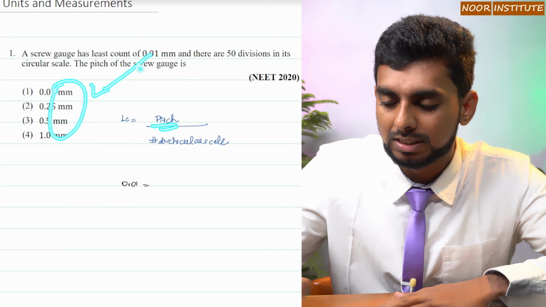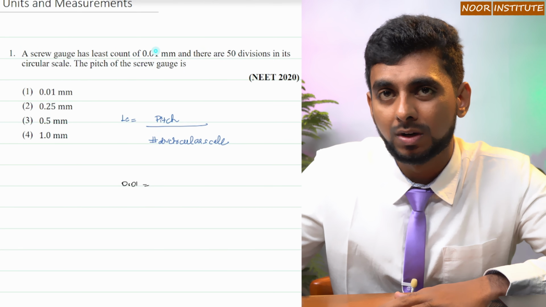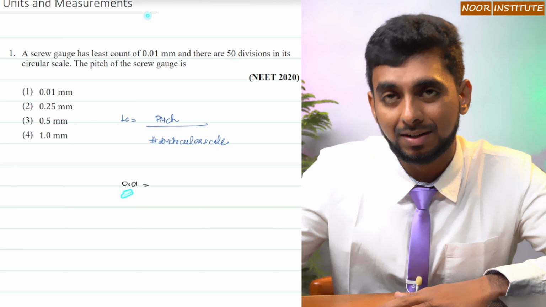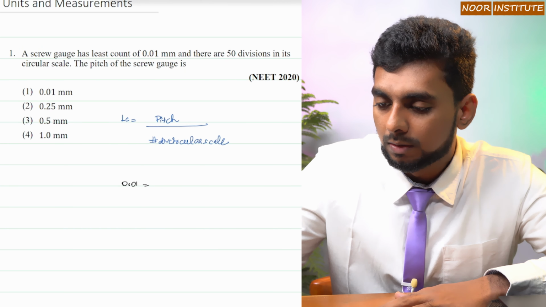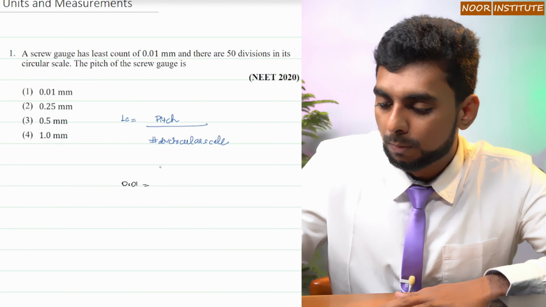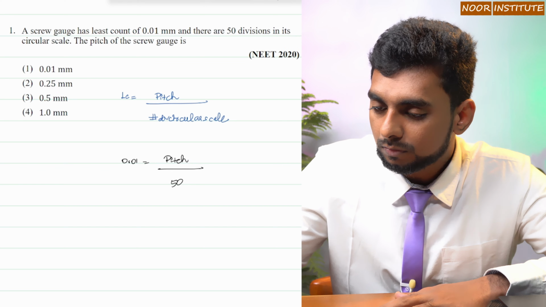So that is matched. We do not need to worry about the unit conversion and those things because it is matched straight away. It should be pretty obvious. Then least count, which is equal to pitch, which is something that I need to find, divided by the number of divisions in the circular scale. So the number of divisions is obviously 50, which is in the question. So you do the cross multiplication.